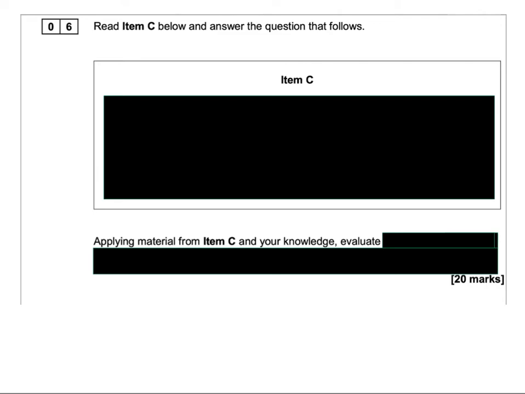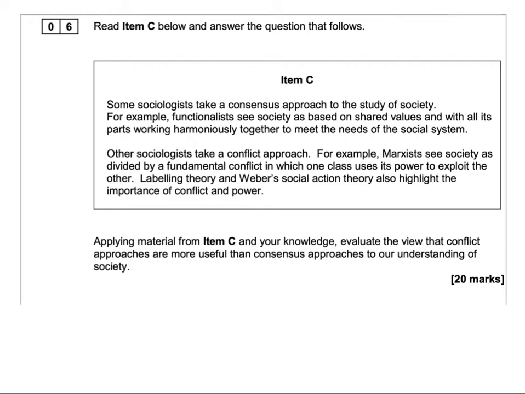On paper 3, your theory and methods knowledge will also be examined via a 20-mark question. Again, this could be anything from the theory and methods specification, meaning that you could be asked to evaluate the usefulness of a specific method, or you could be asked to evaluate a specific sociological theory, such as this one here.